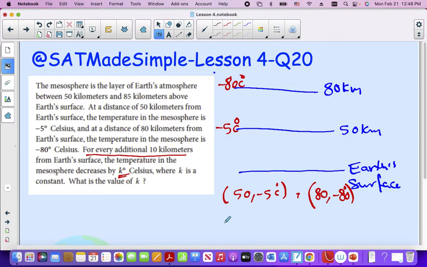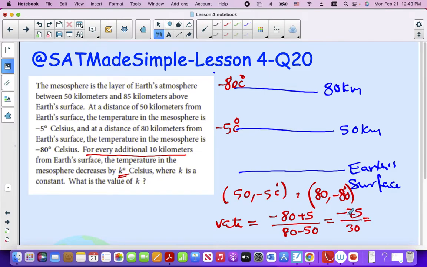So if I find the rate of decrease, that will be the gradient: minus 80 minus 5, that's minus 75, over 80 minus 50, so that is minus 75 over 30.